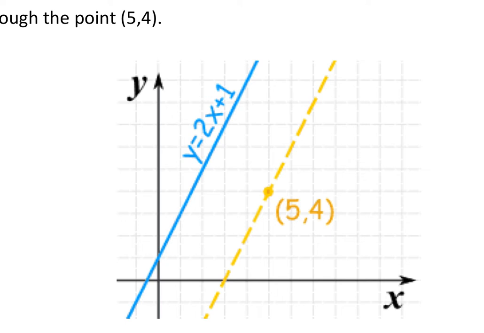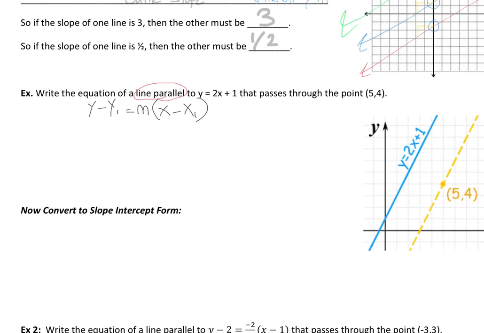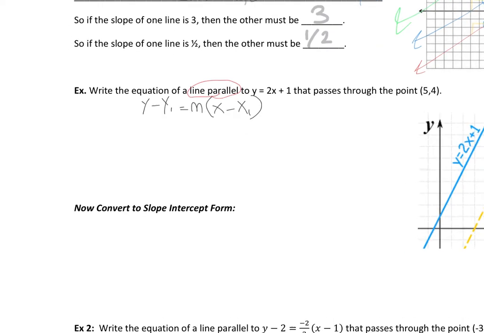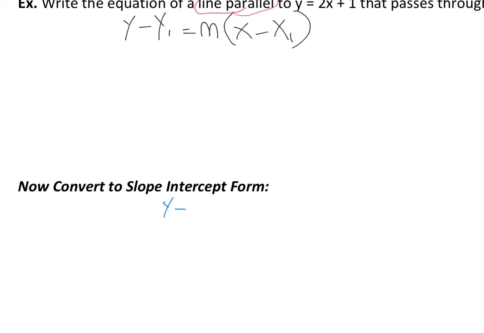Say you want diagonal highways in your country for some reason. You want it to be parallel and you want it to pass through that city. A lot of times the highways will pass through the major cities. So you want it to pass through the coordinate point (5, 4), and you want it to be parallel to that equation. We're going to find that equation ultimately in slope-intercept form. Remember, slope-intercept form is y equals mx plus b.